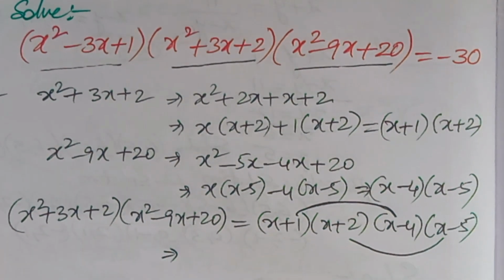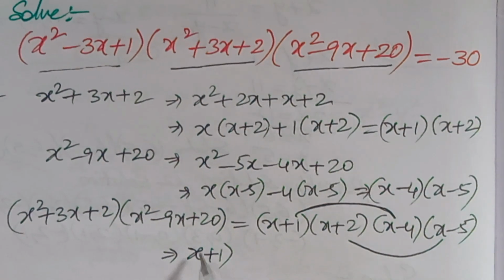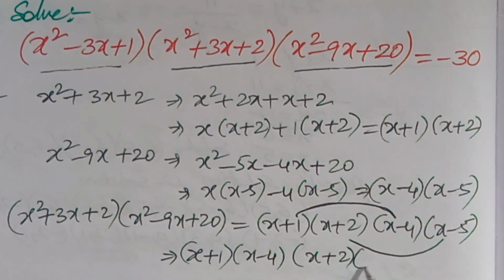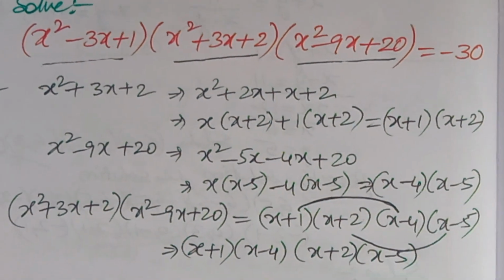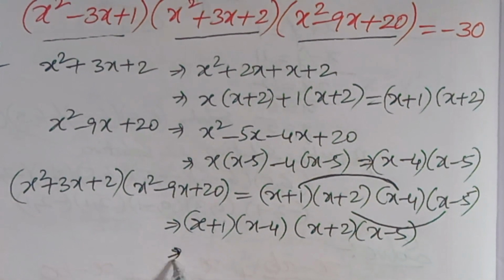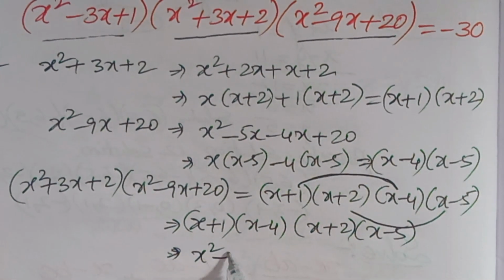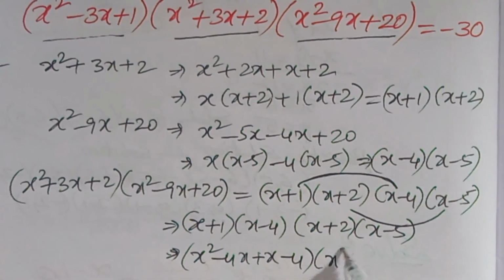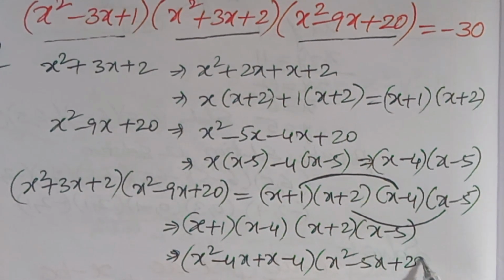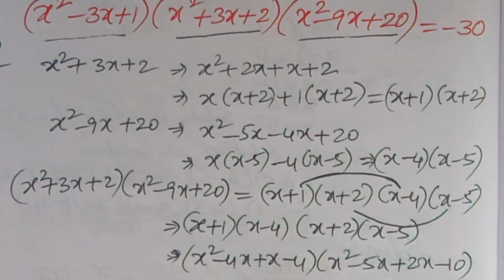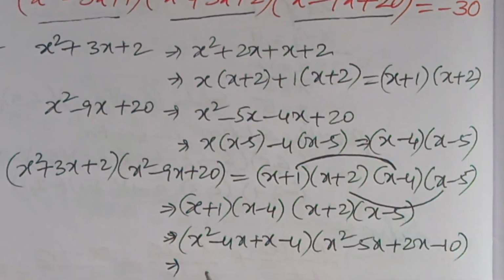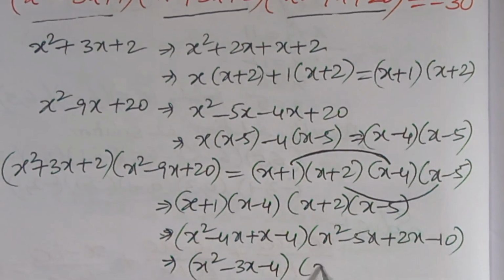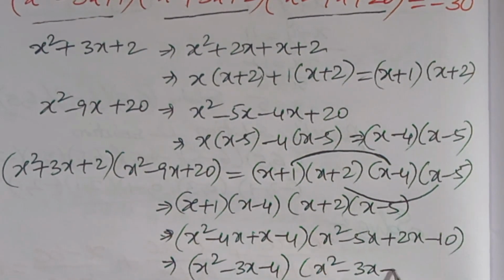If you multiply like this, (x + 1)(x − 4) and (x + 2)(x − 5), you'll get x² − 4x + x − 4 and x² − 5x + 2x − 10. So here you'll get x² − 3x − 4 and x² − 3x − 10.